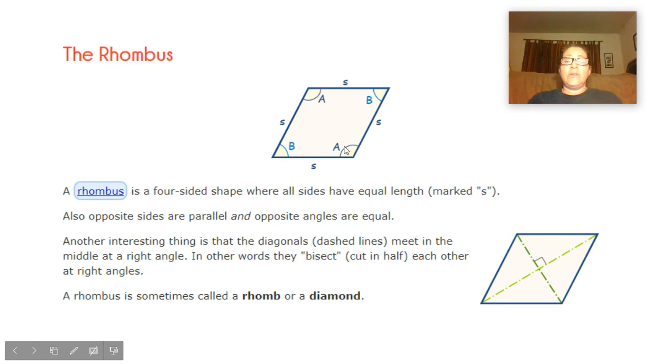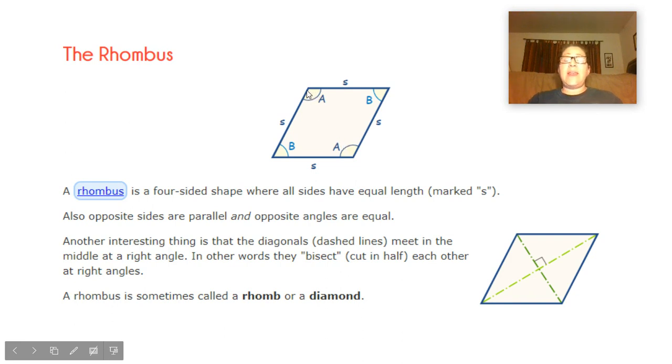Now, angles A that are opposite of each other are equal, and angles B that are opposite of each other are equal. A rhombus has two acute little angles and two obtuse angles.